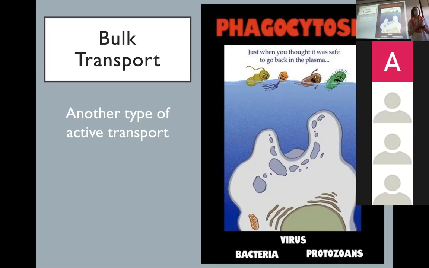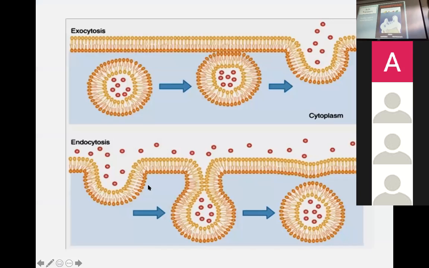So this last type of transport across the membrane is called bulk transport. There's a few different types that I'll talk about over these next few slides. There's two main types. You have exocytosis and endocytosis. Exo means out, endo means in.